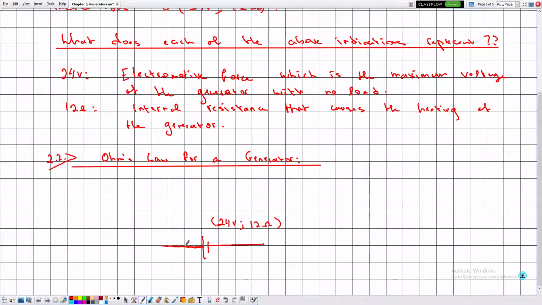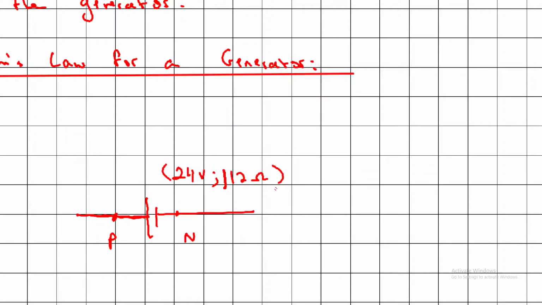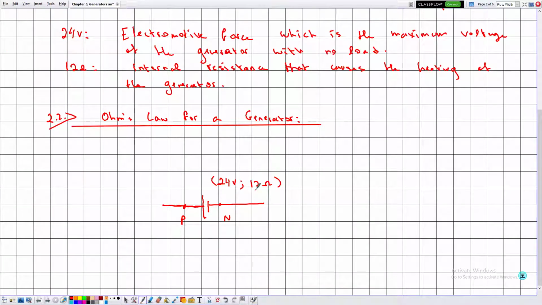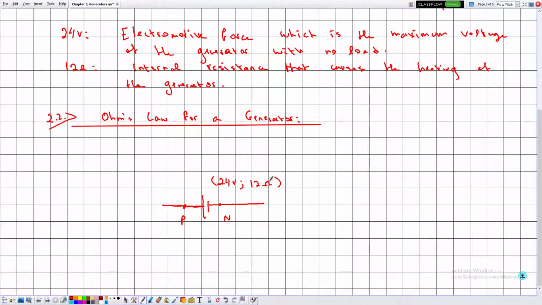And suppose this is the point P and this is the point N, and we are interested in applying... because the generator now carries another indication which is ohms, one can directly ask what is the relation between ohms and volts. Because ohms appear, this is directly related to Ohm's law, so we can apply Ohm's law to G.